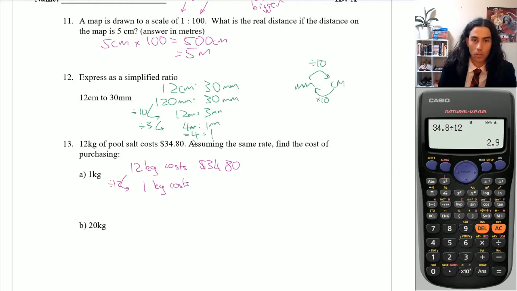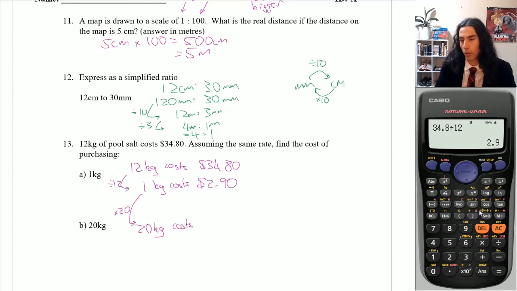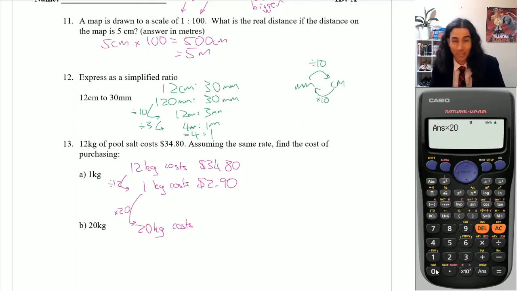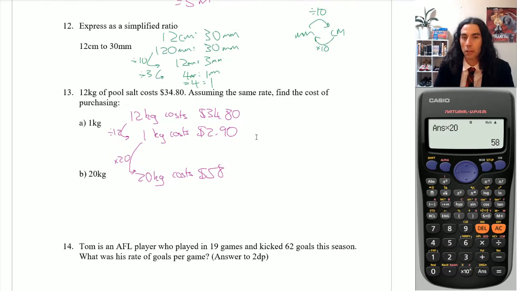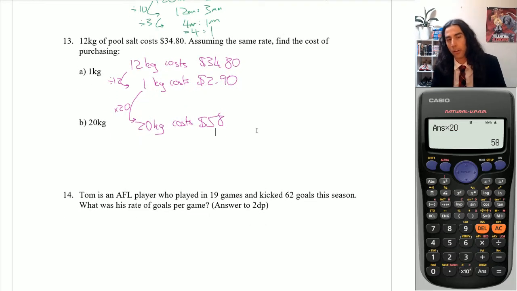So therefore, for this one here, 20 kilo, times by 20. So we found the cost per kilo, and then we just times by 20. $58. Just got there in time. Calculator does the work. All right, I'll do the next one in.